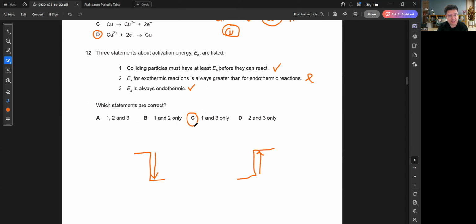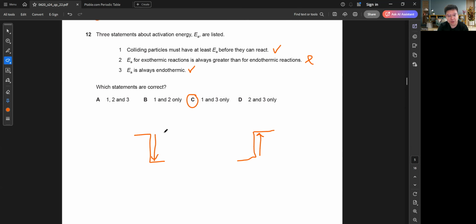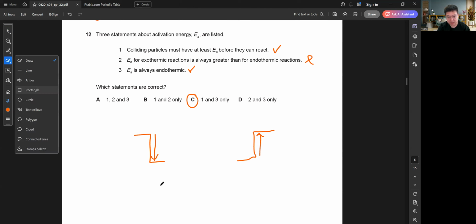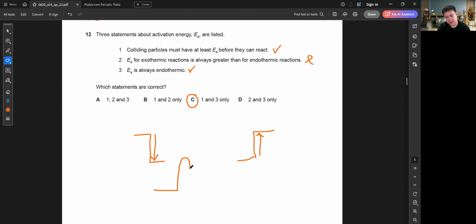Actually the exact way of drawing is more like this: this is the activation energy, a small little bump, and then it drops down. This small bump always goes upwards, and if it goes upwards it means it absorbs energy. Absorbing energy means endothermic. It doesn't mean that the reaction is endothermic, it just means that activation energy itself is endothermic. So do be careful on that.